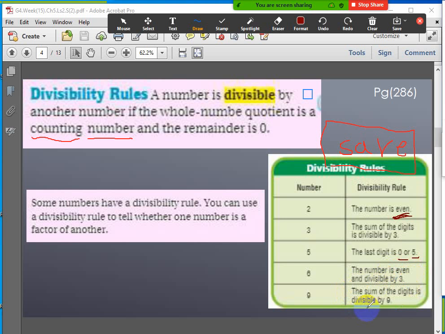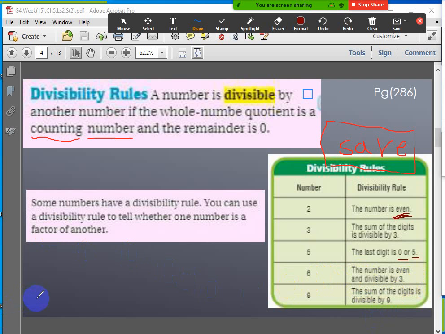The number must be an even number, like the divisibility rule by 2, and divisible by 3. So I have here two conditions, two rules, to make this number divisible by 6.